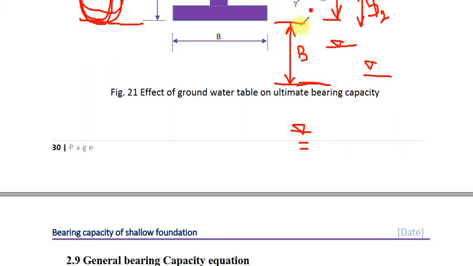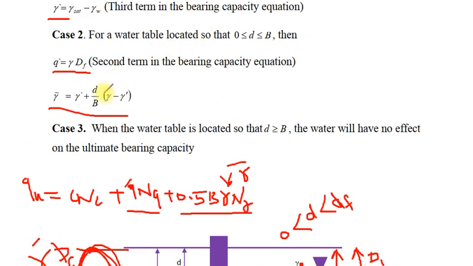D is the distance here. This is the distance D. D over B multiplied by gamma minus gamma dash.